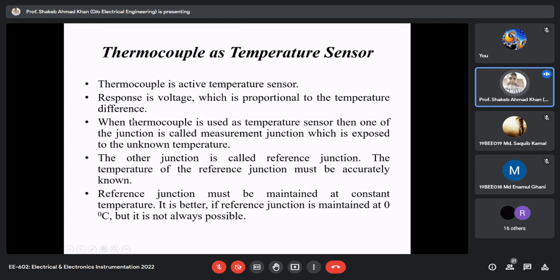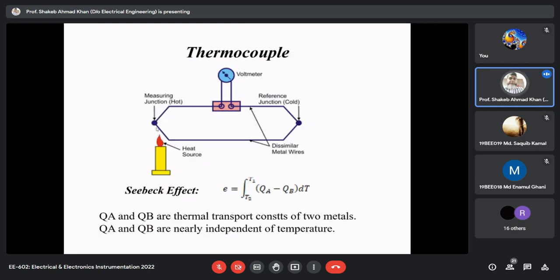Now, the third point is very important. When the thermocouple is used as a temperature sensor, in general, as I told you earlier, its junctions are called hot and cold. Because a temperature difference is there, one of the junctions will be at higher temperature than the other. Whatever is at the higher temperature is called the hot junction, the other is called the cold junction.